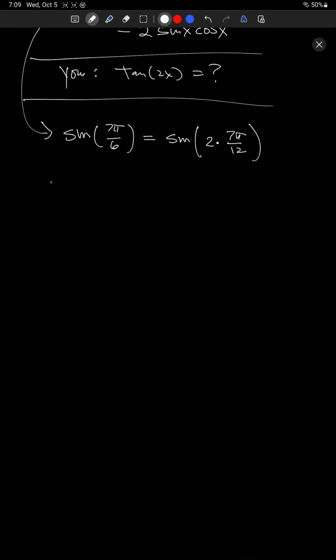And so this is going to be 2 times, quoting from the identity, sine of x cosine of x. So 2 times sine of 7 pi over 12 times cosine of 7 pi over 12. And this one here, we just talked about in 3.4. This one right here, we just talked about in 3.3. And so I'm not even going to finish the problem. I'm just going to say we know we can do this. This is something that we know. That's something that we know. And so therefore, we know how to do 7 pi over 6.